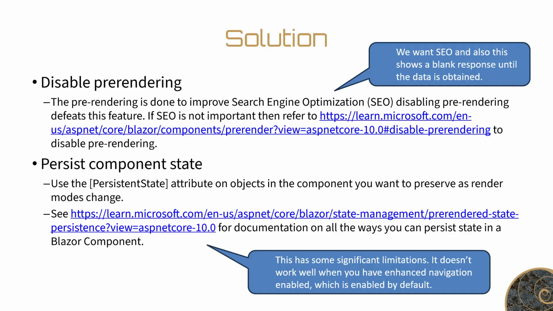It works fine when you're going to the page for the first time, but then you go to another page on the site and come back. Since enhanced navigation doesn't drive a re-render state, the PersistentState attribute is ignored and the page flickers again. So I don't think this is quite ready yet. Maybe if they get that implemented, then we can take advantage of it. But for now, it's hit or miss whether this works well.